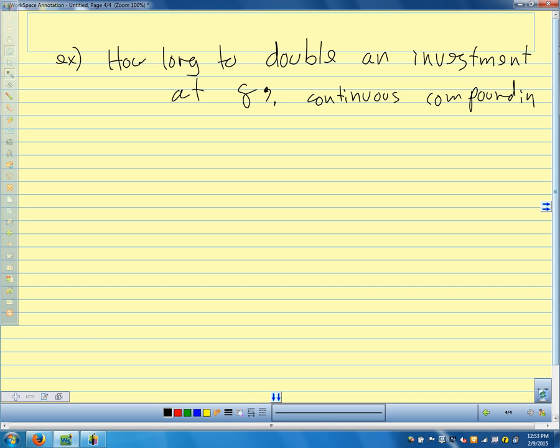Well, first let's remember what our continuous interest formula was. Our amount equals, do you remember what that was? PERT. That was our P e to the RT.